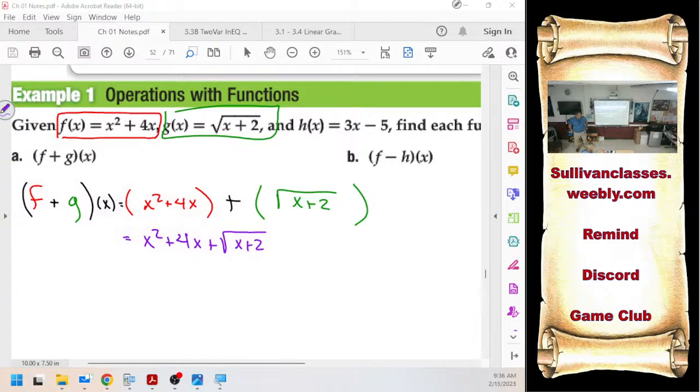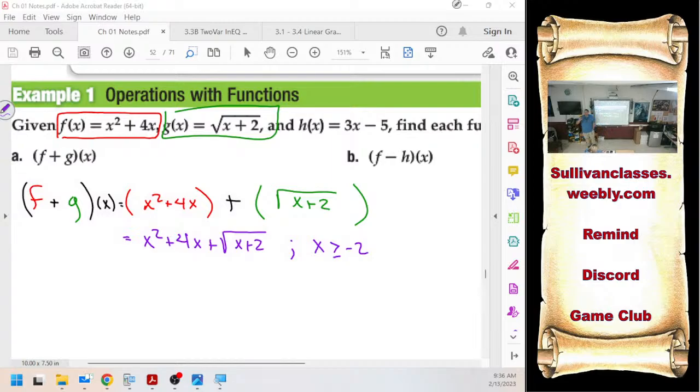The directions say find each function and state the domain or state the restrictions to the domain. Those are different things. If it says state the restrictions to the domain, then we could pull an algebra 2, and right next to it I would just say x is greater than or equal to negative 2, because second commandment of domain.